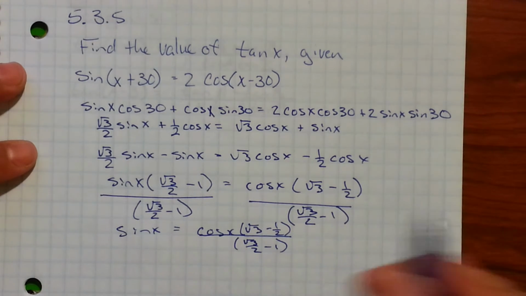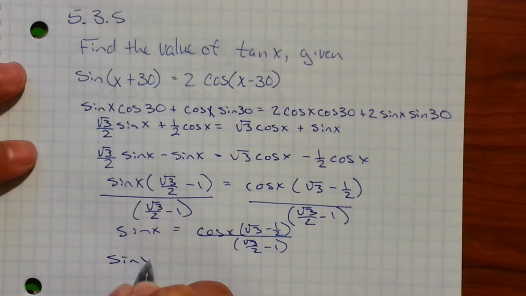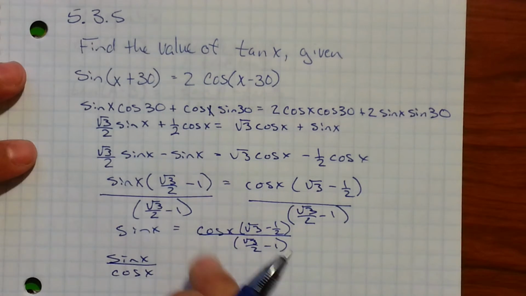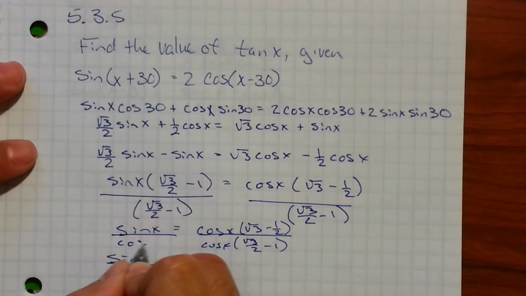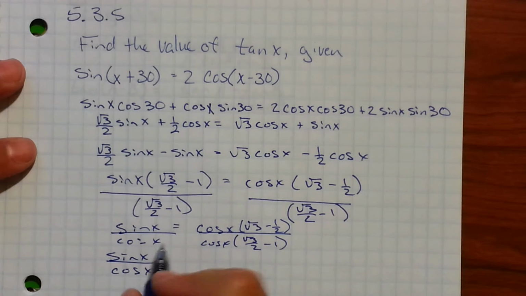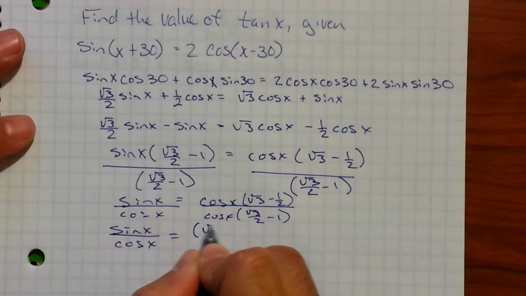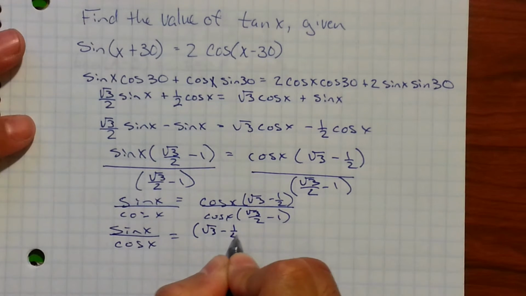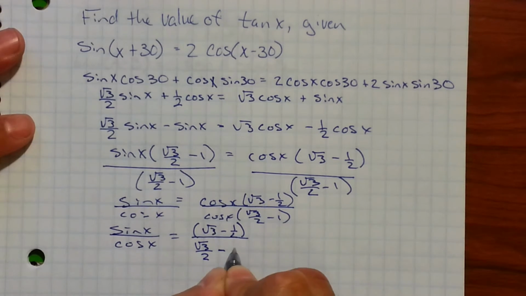Divide by cosine x on both sides, so sine x over cosine x, and those cancel. I'm left with square root of 3 minus 1/2 over radical 3 over 2 minus 1.